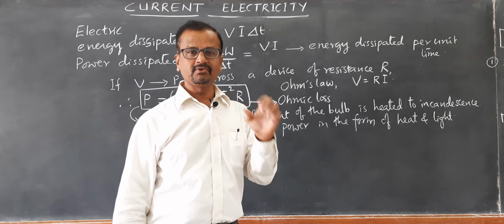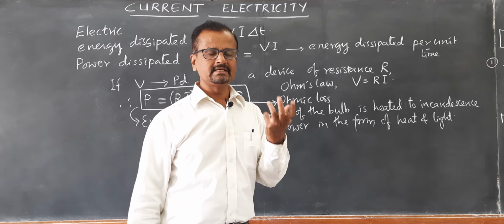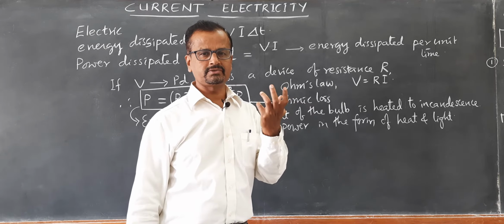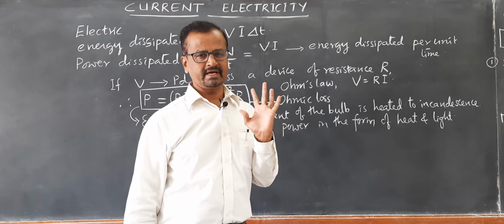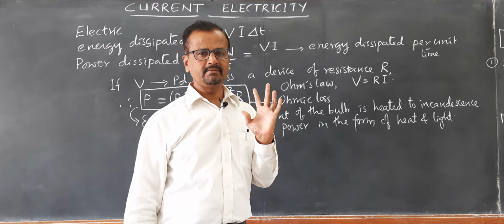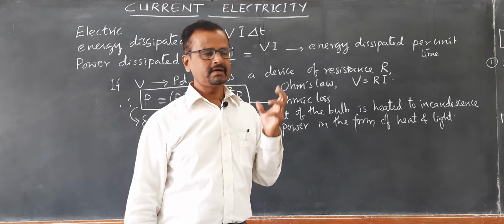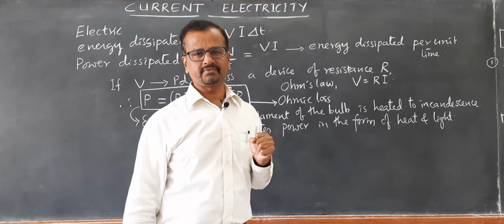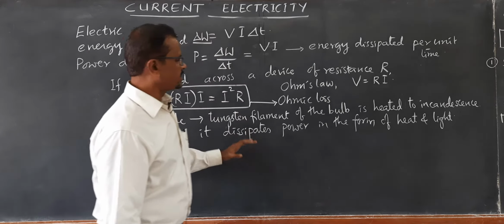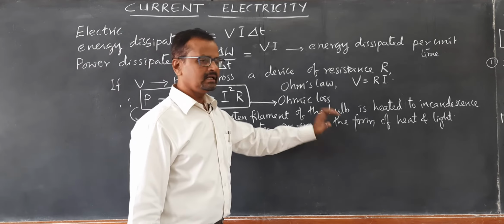You must have studied this in lower classes: the hot sources of light and cold sources of light. A tungsten filament bulb is an incandescent bulb, which is a hot source of light, and fluorescent tubes and LEDs are all cold sources of light, right? That is a different aspect. So, power dissipated is in the form of heat and light.